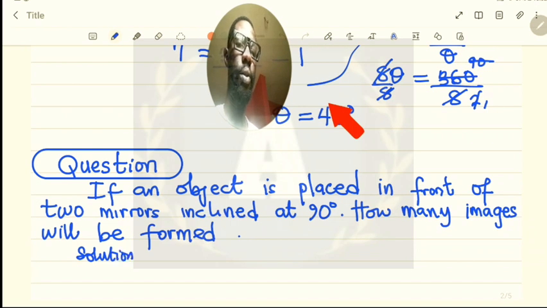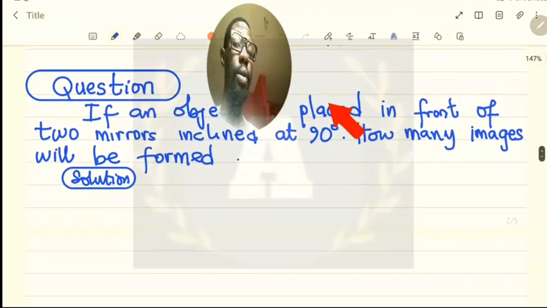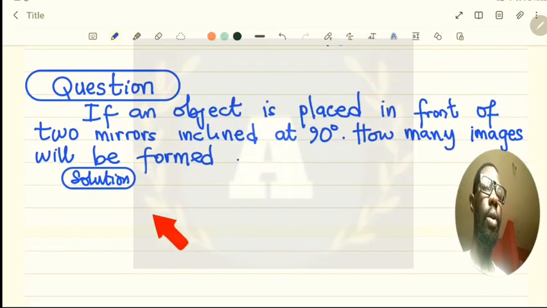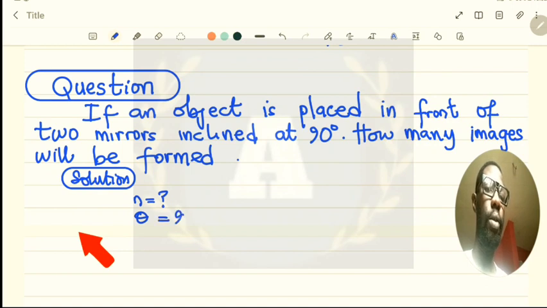Now, solution to the question. The question asks to calculate the number of images that will be formed. We have been given the angle to be 90 degrees, right?